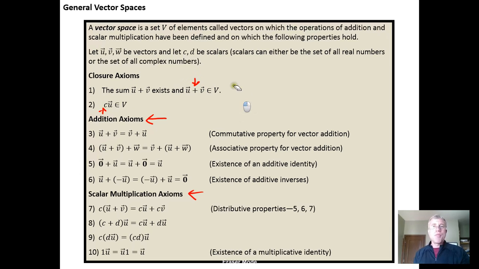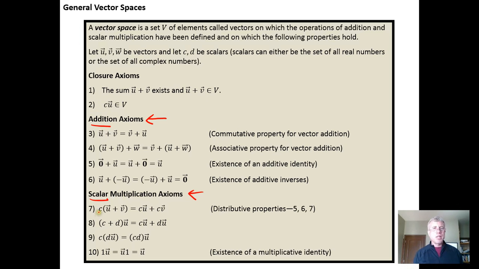If closure under addition and scalar multiplication is achieved, and these 8 algebraic properties hold for addition and scalar multiplication, then we're going to say that set of objects is a set of vectors and forms a vector space under addition and scalar multiplication.